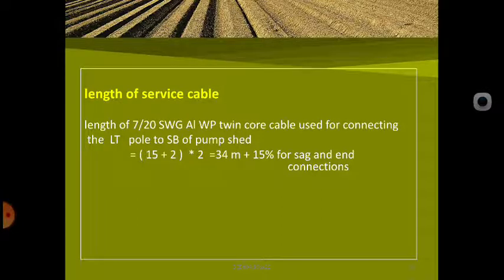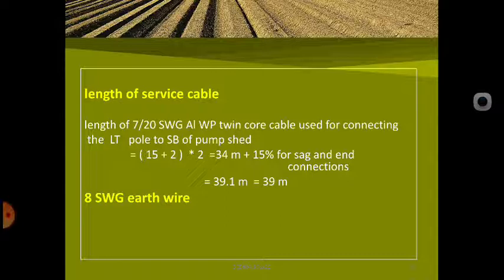It is nearly 15 plus 2 meters, 1 meter here and 1 meter extra. That is 17 meters into 2 times because we require 4 wires R, Y, B, N. Then we get 34 meters plus 15% wastage to avoid sag, so nearly 39 meters. We can take 40 meters for this purpose. This is the length of the service wire.